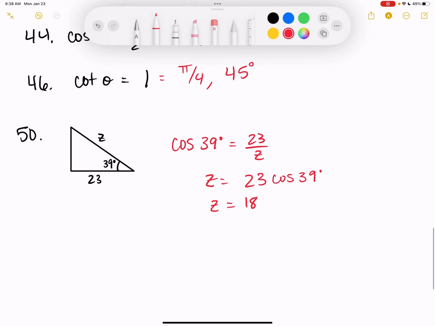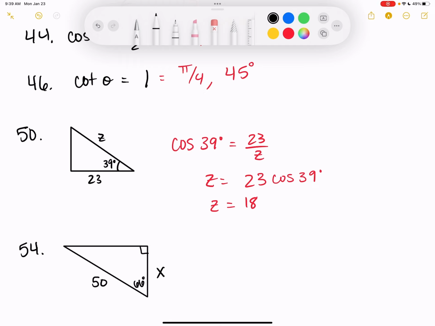I'm going to do one more of these just because it's kind of weird the way that it's drawn for you. Now this one does specify a right triangle by putting the little square in the corner. But you're given this angle here is 66 degrees, and then you're given this side and the hypotenuse value.